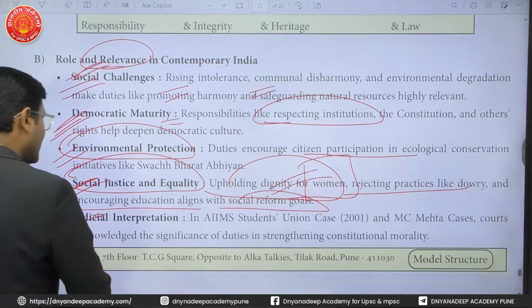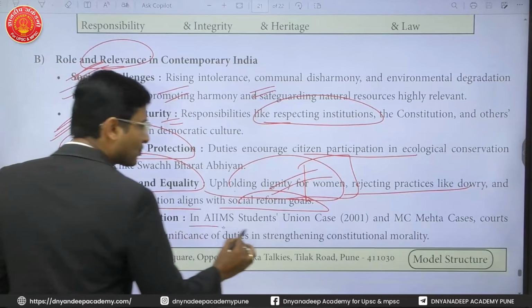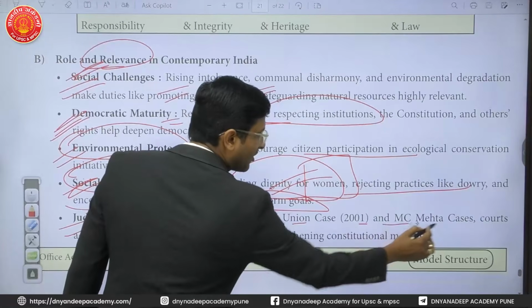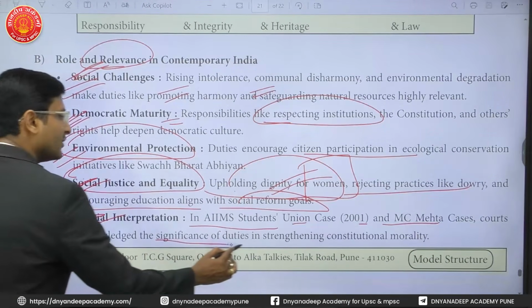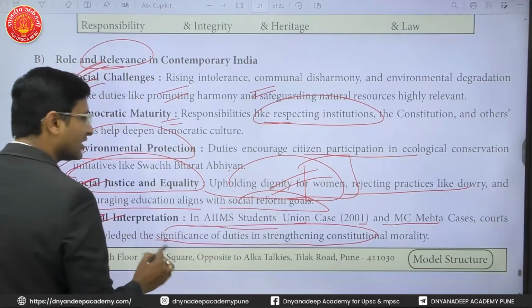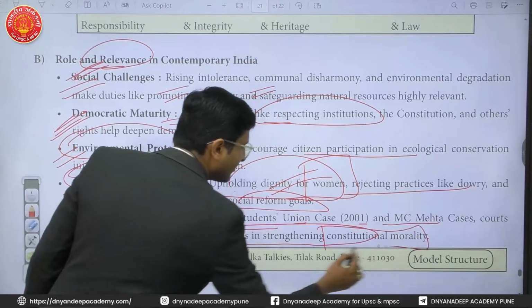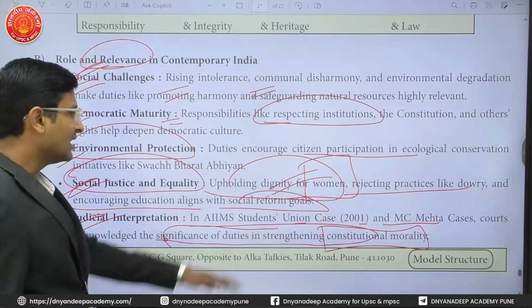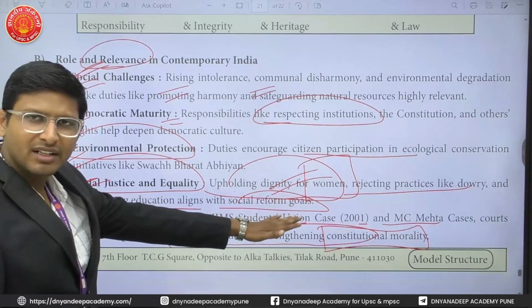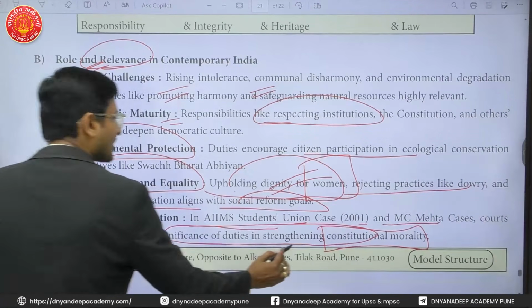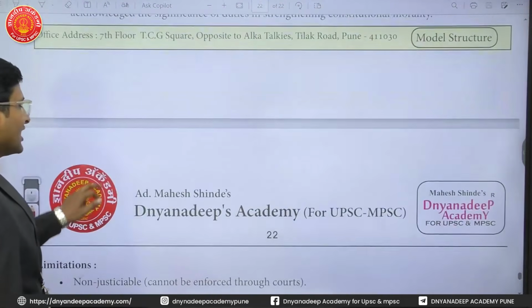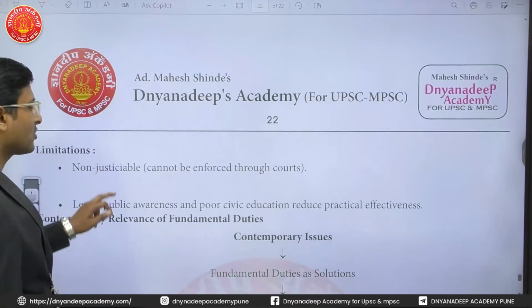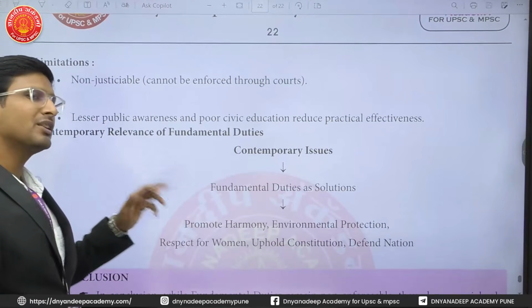Then judicial interpretation in the AIIMS Students Union case and the MC Mehta case. These are cases where courts acknowledged the significance of the duties in strengthening constitutional morality. Even the Supreme Court says the fundamental duties are very important in current times for strengthening constitutional morality. So these things are asked in this question: tell us the significance and also the relevance.